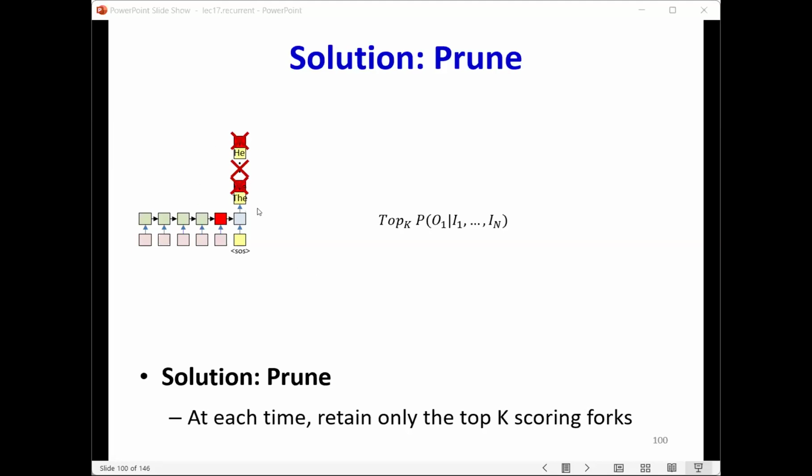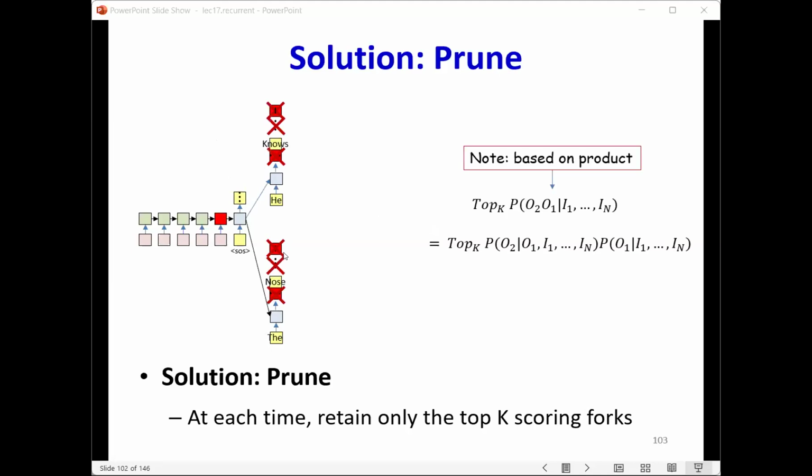And I keep only the top k. In this example, my top k is 2, right? And the top k is based on the probability of the symbol given the input. And then I'm going to be making 2 copies of the network, one taking he, the other taking the. At this point, again, the model is going to compute the probabilities for all the words on both branches.